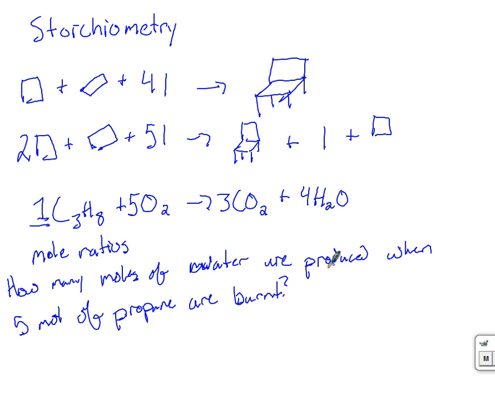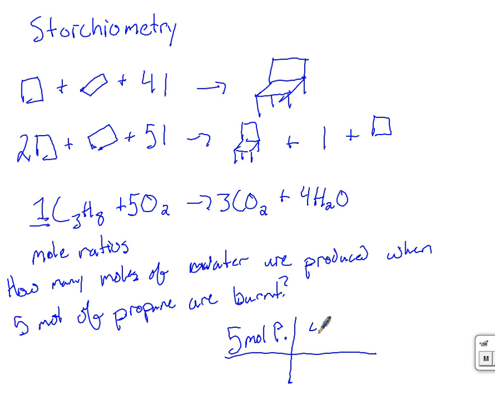Well, we have a mole ratio here. We know that for every 1 mole of propane, 4 moles of water are made. So we could set up ratios here. So we could say, I'm burning 5 moles of propane. I'll just use a P for propane. And I know a mole ratio, I know that for every 1 mole of propane, I'm going to get 4 moles of water.